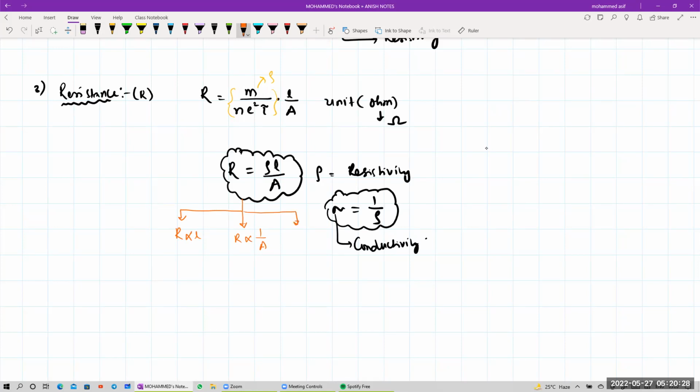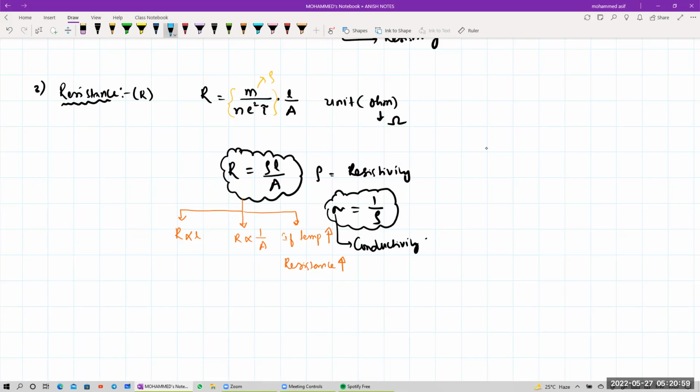One more point. If temperature increases, what happens to resistance? It increases. Because a huge amount of energy goes as heat, and the wire can even get burned. So when temperature increases, the resistance of the wire also increases.